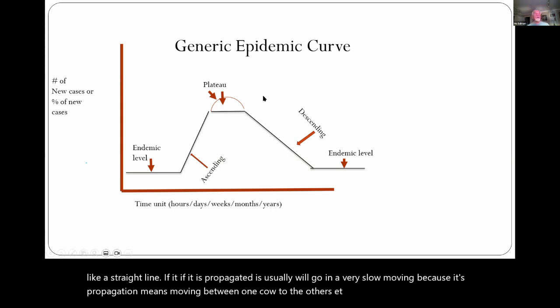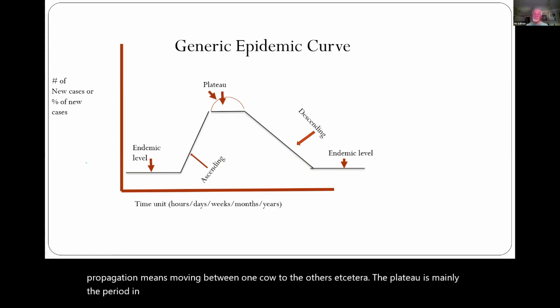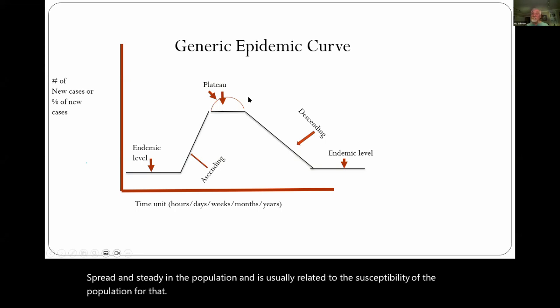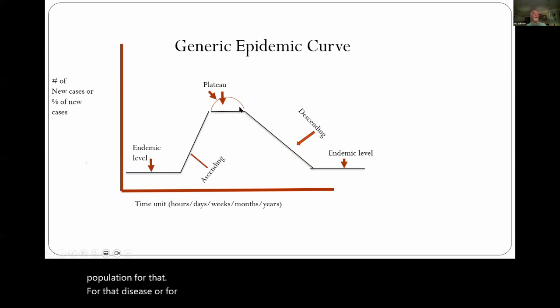The plateau is mainly the period in which the disease spread is steady in the population, and is usually related to the susceptibility of the population for that disease or for the agent, but also related to moving animals in and out.